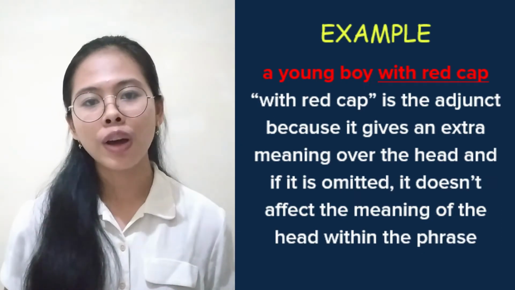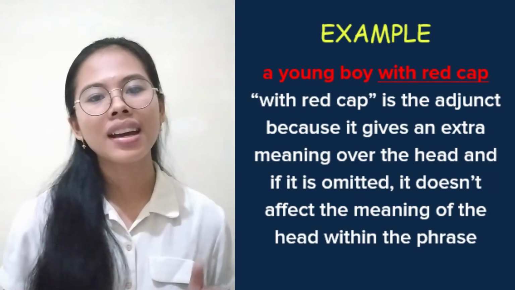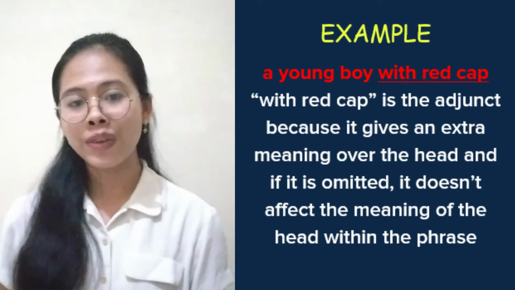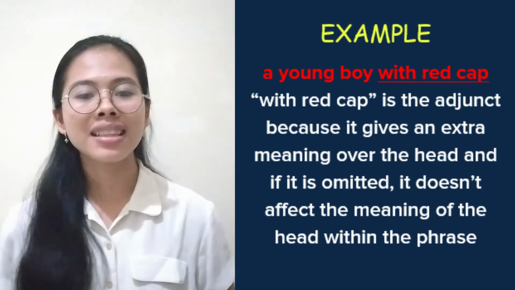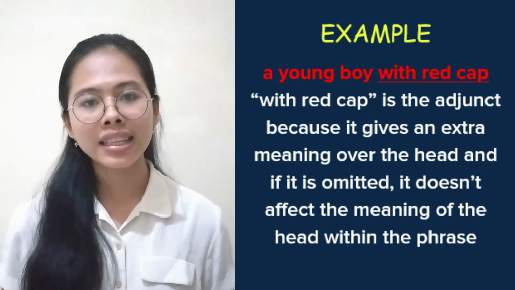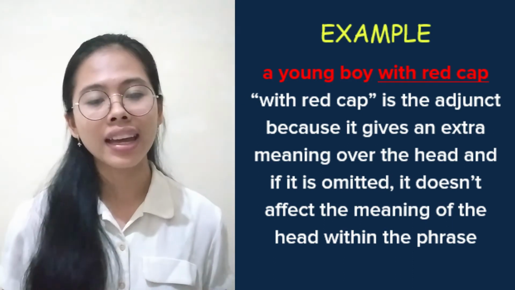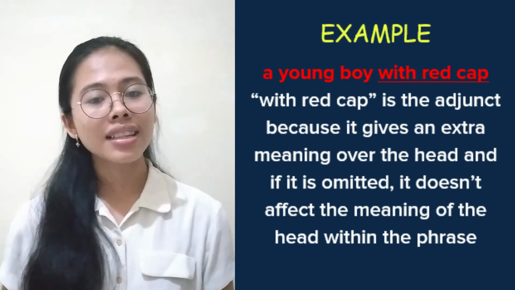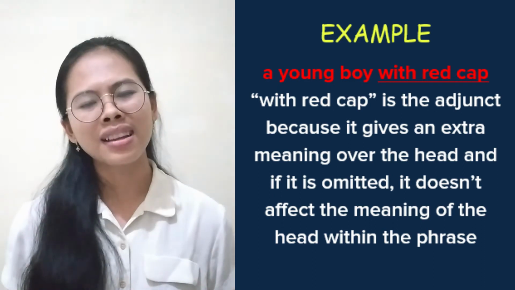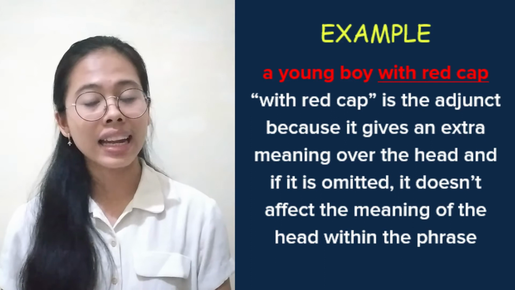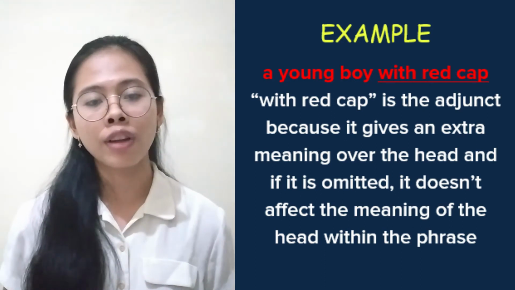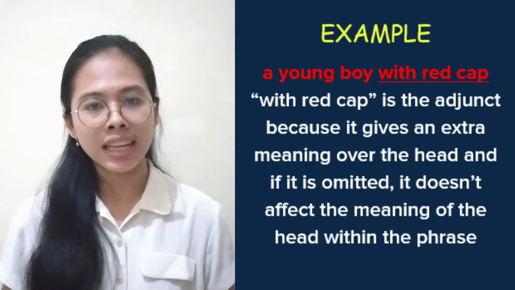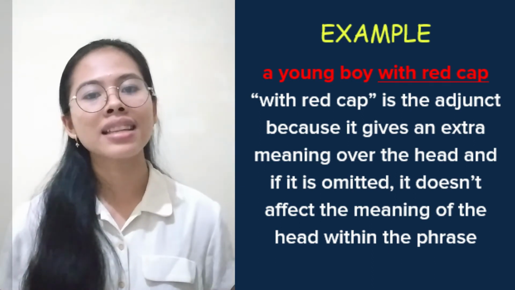Now, have a look at this example: a young boy with red cap. So the phrase with red cap is a kind of adjunct, because if we only say a young boy, it's fine. The words with red cap only give extra meaning or more information about the head of the phrase, which, in this context, is boy.